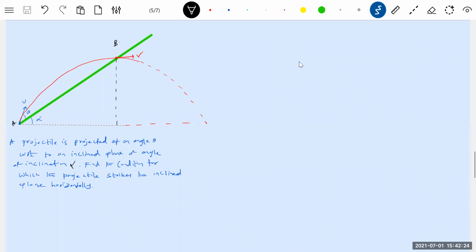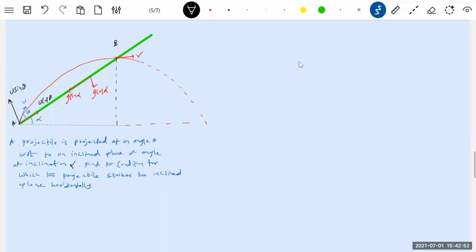Okay, I'll do one thing. Along the incline, I'll resolve g: g sin alpha, g cos alpha. Velocity vector components: u cos theta, u sin theta.